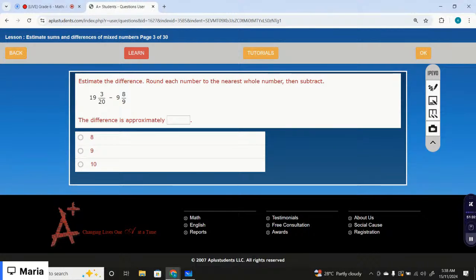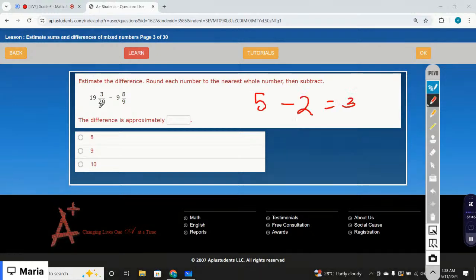19 whole 3 by 20 minus 9 whole 8 over 9. 19 whole 3 over 20, 3 over 20 is less than half, right? So you need to round down to the same whole number. 8 over 9 is more than half, so you need to round up.